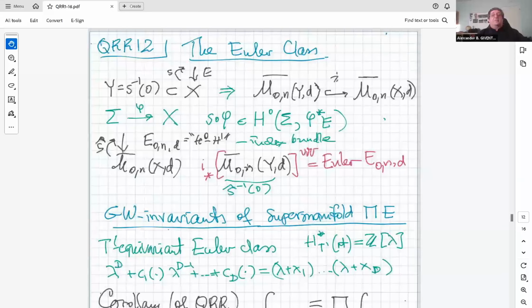It means that the section S hat is not transverse to the zero section, but nevertheless the virtual fundamental cycle in it is exactly what it would be if this section S hat were transverse to the zero section, and therefore the virtual fundamental class is the Euler class of this index bundle E_{0,d}, so it's H^0 minus H^1.